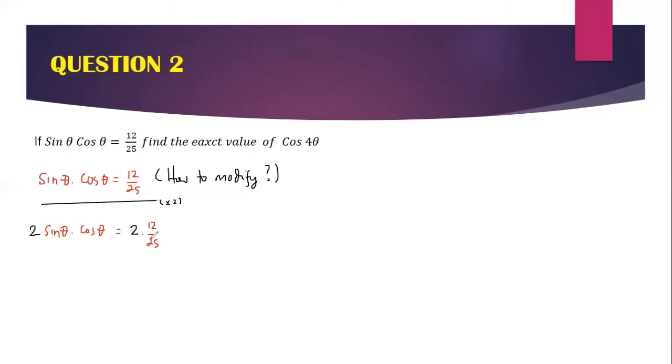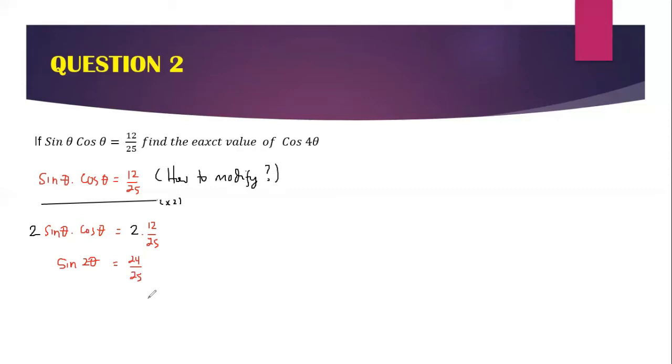Remember this one, do you still remember this formula for 2 sine theta cosine theta? Yeah, the formula is sine 2 theta, right? Equal 24 over 25. Very easy, right?